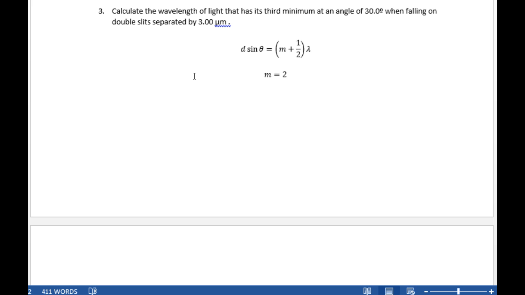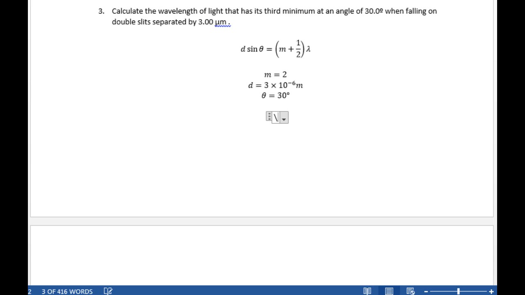All right, we have m equals 2. We have d equals 3 times 10 to the -6 meters, and we have theta equals 30 degrees. The only thing we don't have is lambda, right?